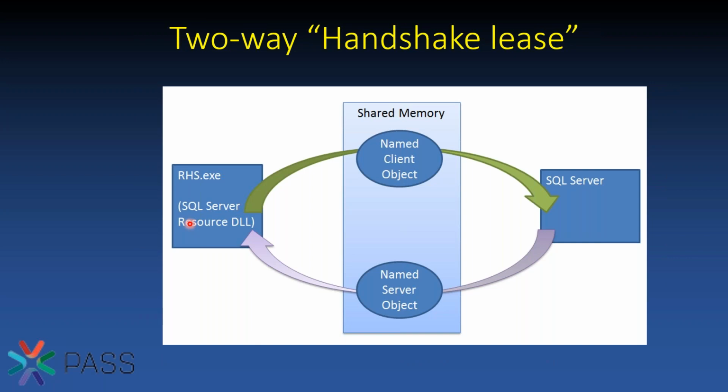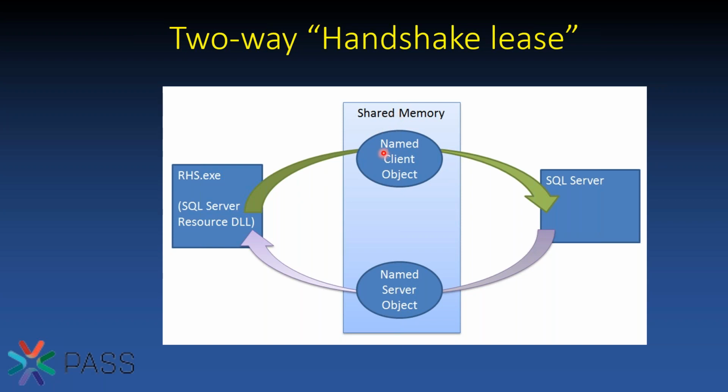So we've been talking about the health checks. The other part of the equation in interacting with the cluster is the lease. So the RHS process, again, makes a lease with SQL. So what do we mean when we say a lease? Well, the Windows operating system gives you the ability to share memory locations.